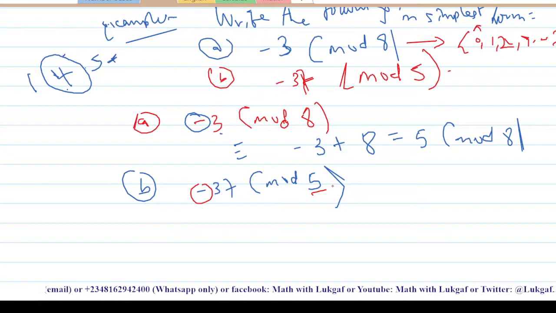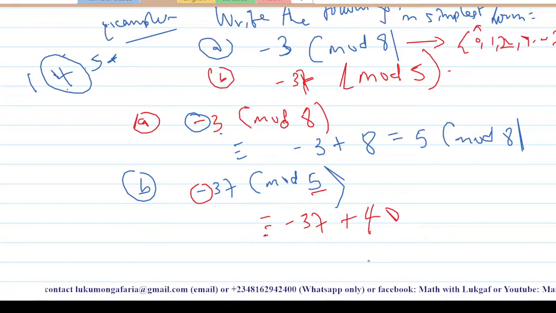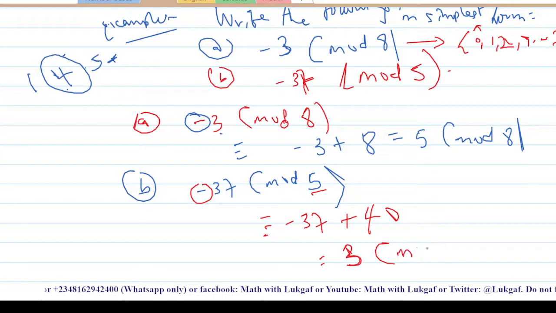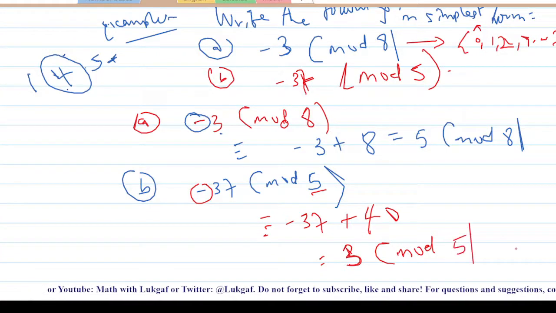But you must not take 35 because 35 is lesser than 37. You have to take the one that is greater than it. In this case, it is 40, right? So then you say minus 37 plus 40, and that will give you 3 mod 5. So you don't need to stress yourself.